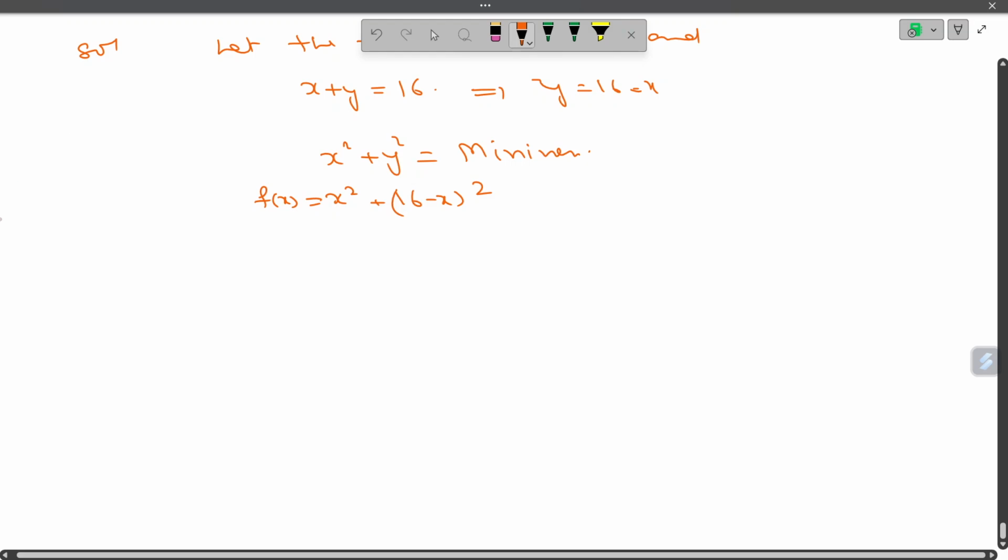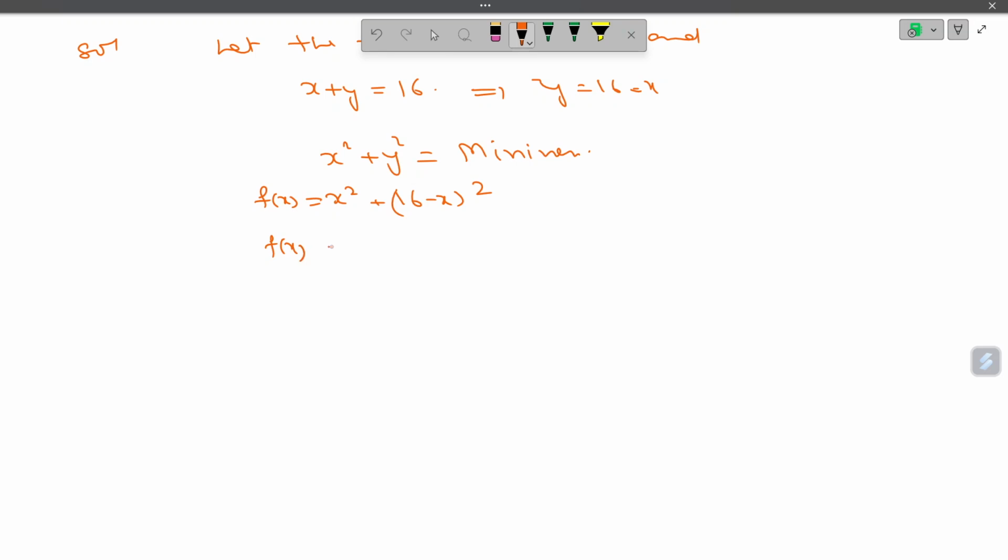See here, a minus b whole square is a square plus b square minus 2ab. So f of x equal to 2x square minus 32x plus 256.